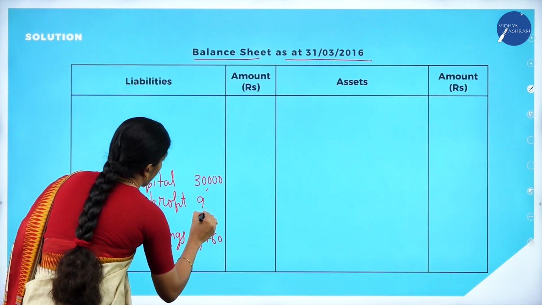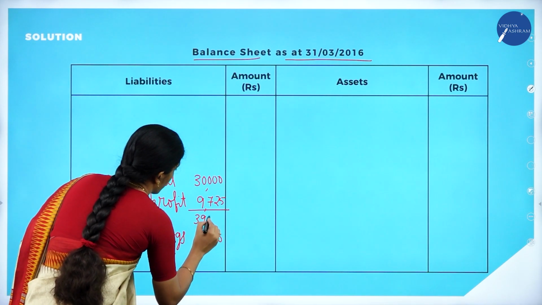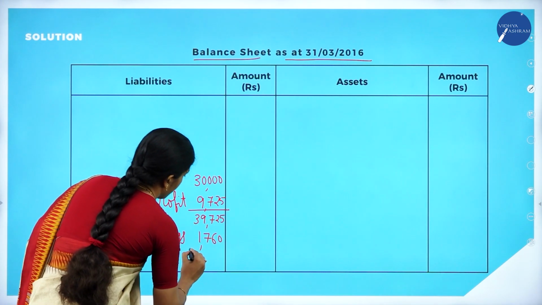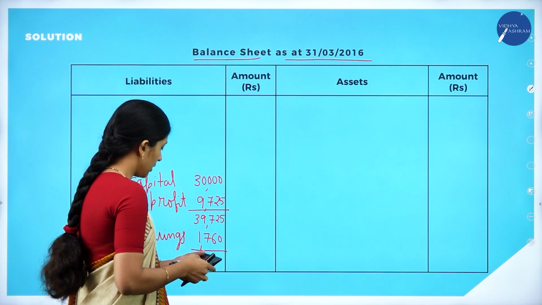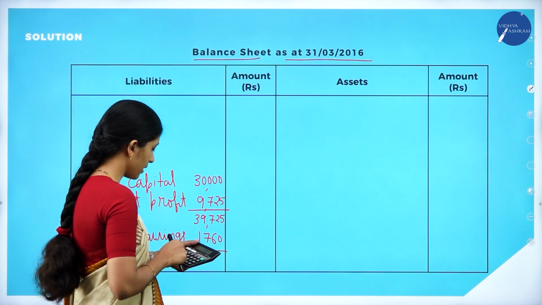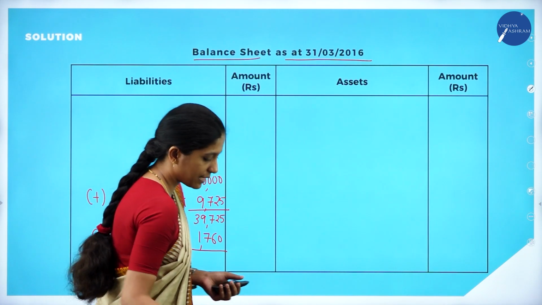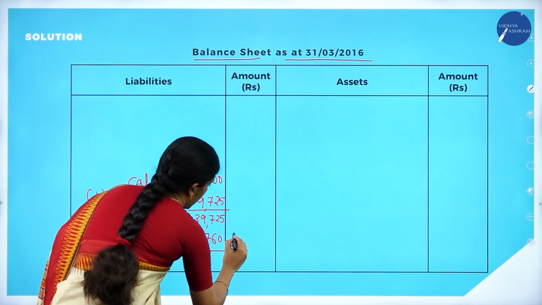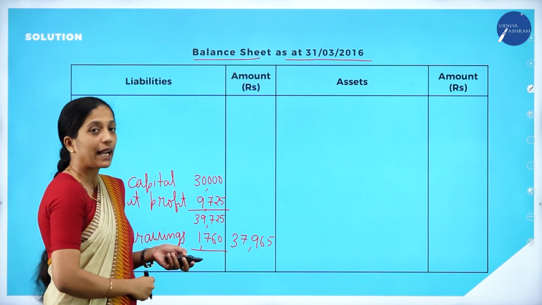So add that 9,725. Here it will be 39,725 minus drawings 1,760. So you will get 37,965. So your capital is done.